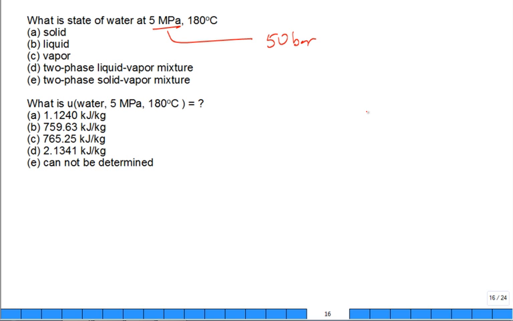If you take a look at 50 bar, we find that the saturation temperature Tsat at 50 bar is 264 degrees C. So the given temperature is 180. Let's redeem ourselves. Let's do this one. You've got 30 seconds only.